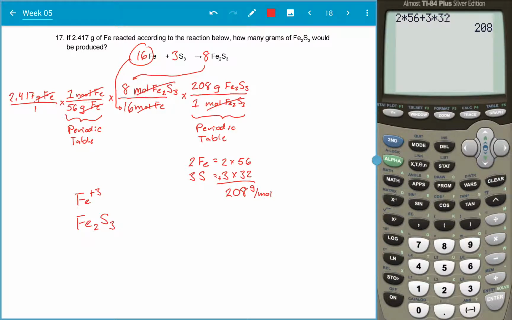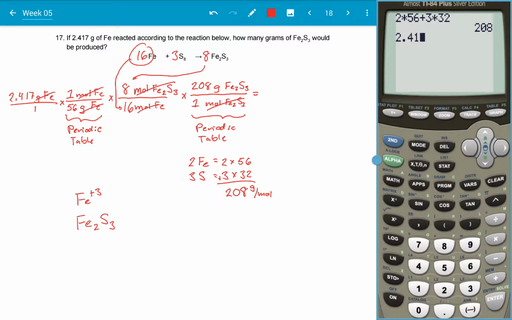That allows us to cancel out the moles of iron 3 sulfide. And since we're now into the units that the question asks for, we're ready to go ahead and do some math. 2.417 divided by 56 times 8 divided by 16 times 208. Again, many different ways of doing the math.